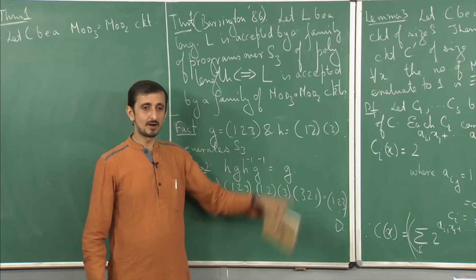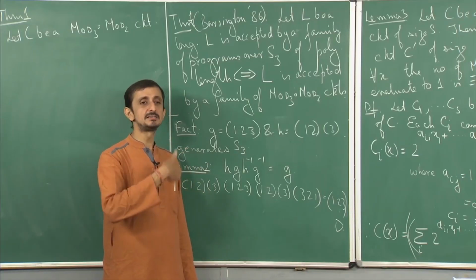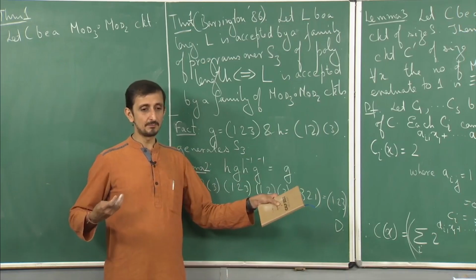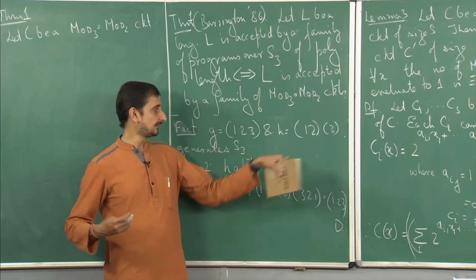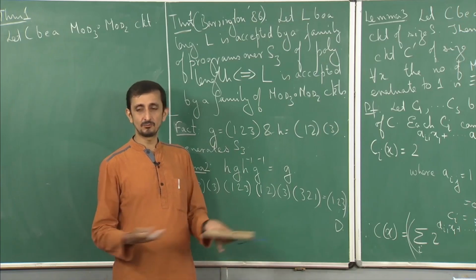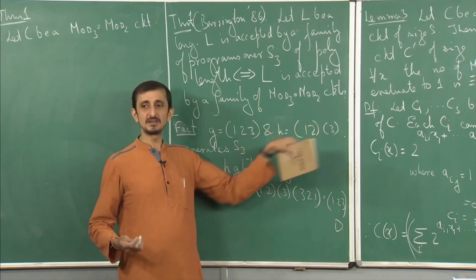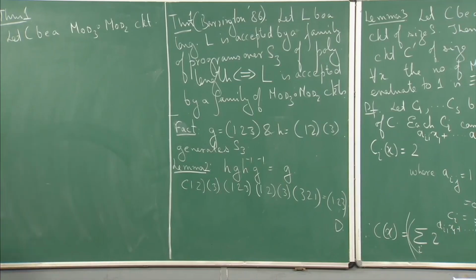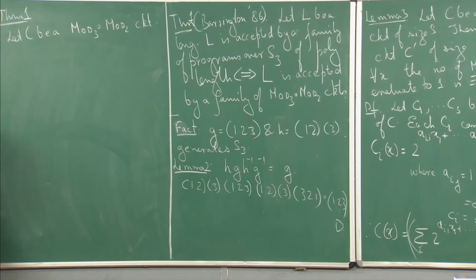So, if it is a 1, then I will apply H, and if it is 0, then I apply identity, right. Now, I just count. So, if the number of ones is even, then H to the power an even number is identity, and if the number of ones is odd, then H to the power an odd number is H, okay. So, H recognizes this instruction. So, that is essentially the idea.